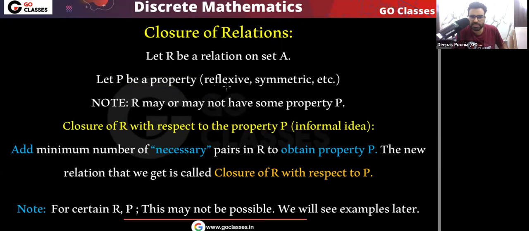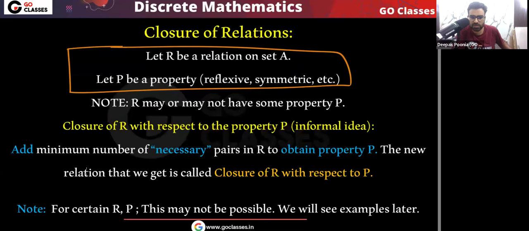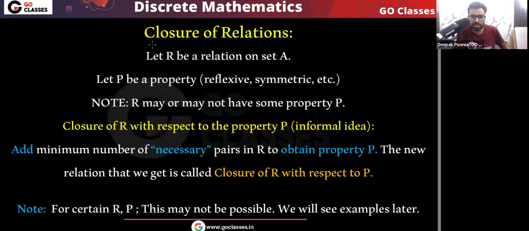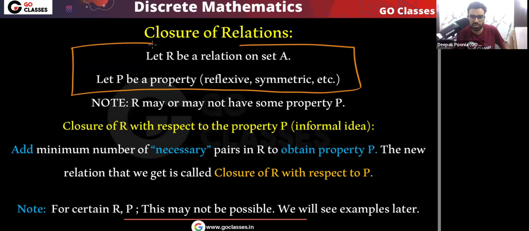This property can be anything, for example reflexive, symmetric, transitive, anti-symmetric, or irreflexive. So a relation and a property are given.